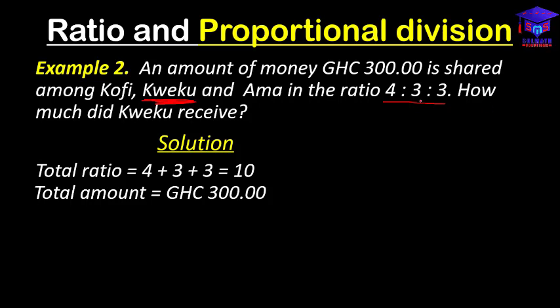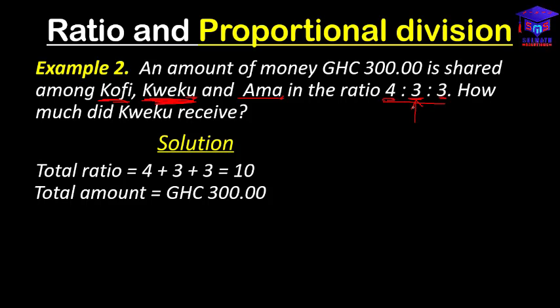Kweku's fraction is simply going to be the ratio that corresponds to Kweku. Now there are 3 ratios: 1, 2, 3, right? The first ratio corresponds to the first person, which is Kofi. The second ratio corresponds to the second person, which is Kweku. And the third one corresponds to the third person, Ama. Since our interest is in the second person, we are going to pick the second ratio.